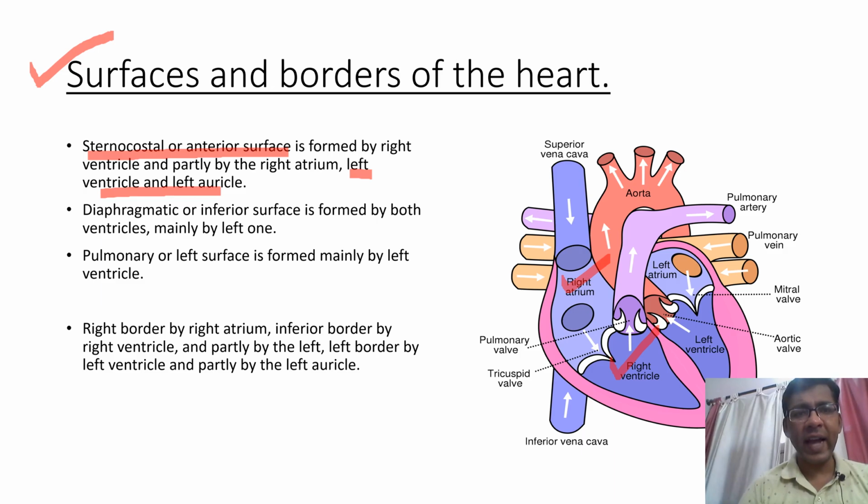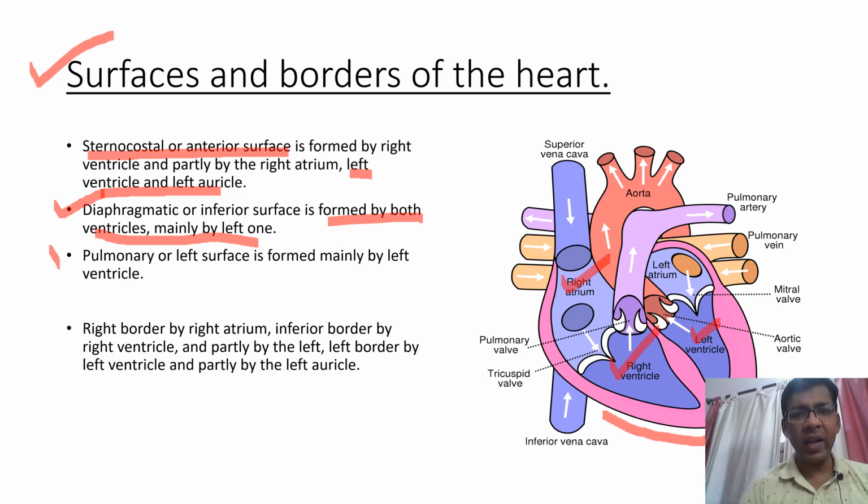Now coming to the diaphragmatic or inferior surface, we can see that this is formed by both the ventricles, right ventricle and left ventricle. It is written here also that it is formed by both the ventricles, mainly by the left one. So this is the inferior surface.